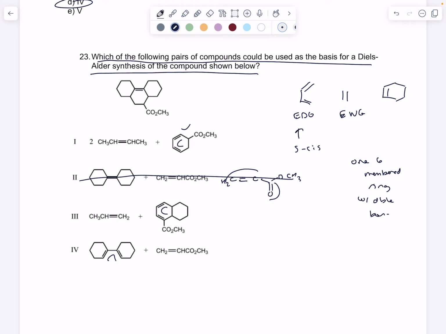When I look at this reaction, I'm seeing only one 6-membered ring with a double bond, and it's this one right here. So we're going to break these bonds right here because if we number 1, 2, 3, 4, 5, and 6, the new bonds that form are between 4 and 5.